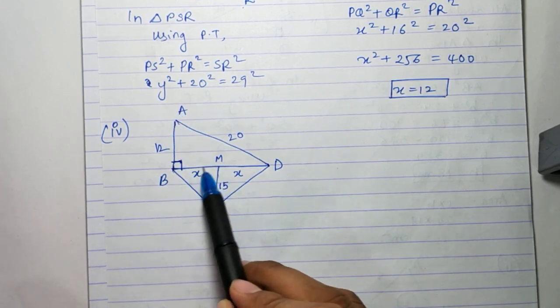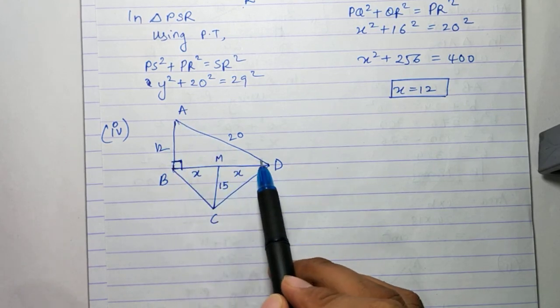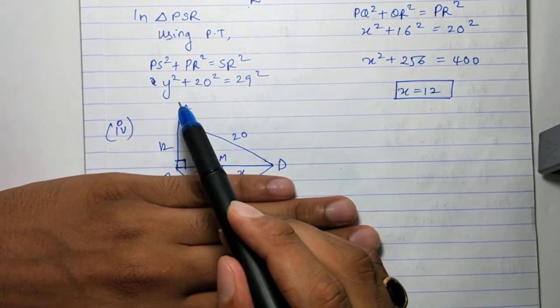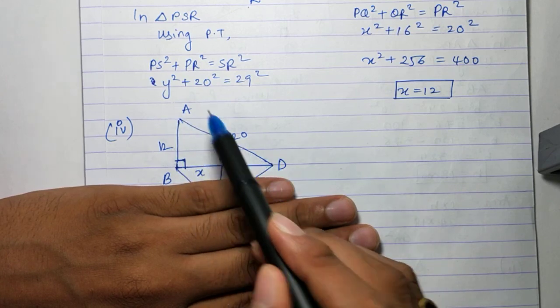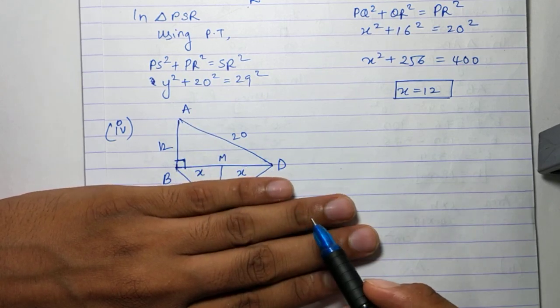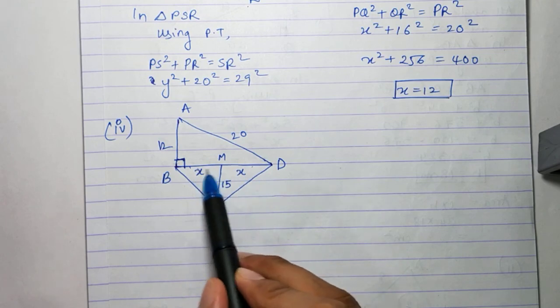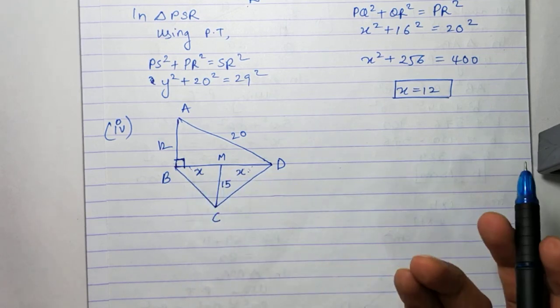So this triangle ABD is a right angle triangle. Forget this part, only see the triangle ABD. It is a right angle triangle, and these both sides are x, which means both sides are equal.